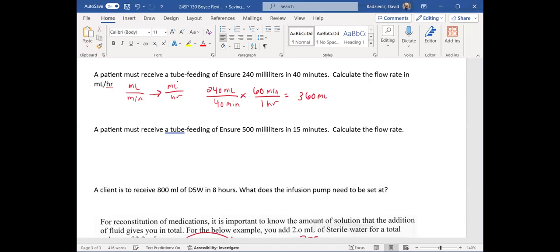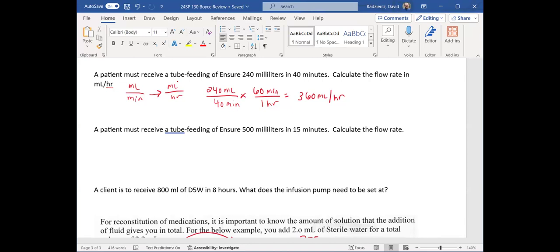360 milliliters per hour. So I saw that going around, but I also saw 320, I saw 363.3, a variety of different answers. Let's break that down. Let's say you did 240 divided by 40, you get 6, multiply by 60.